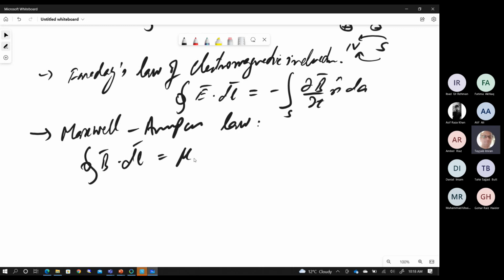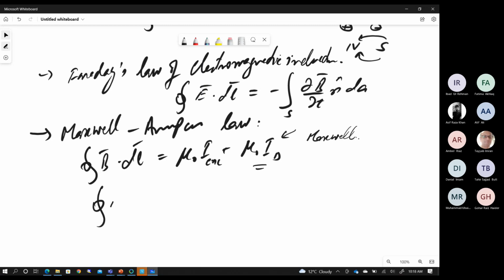So we know that current, the displacement current, was introduced by Maxwell, this term.